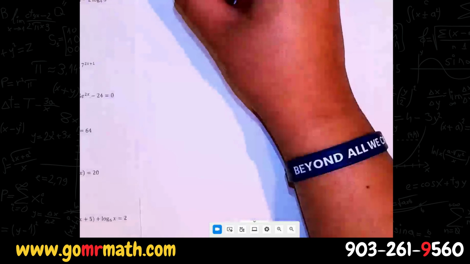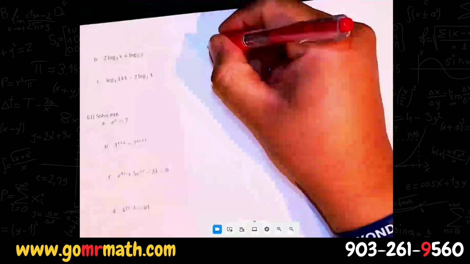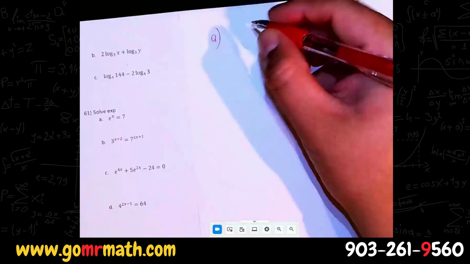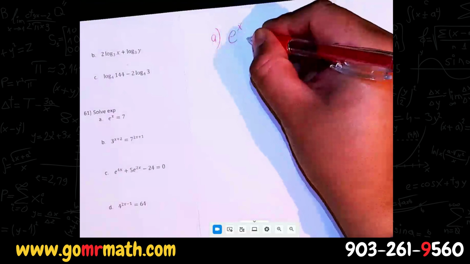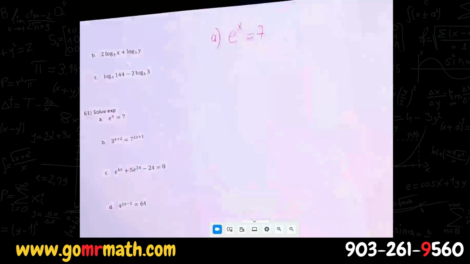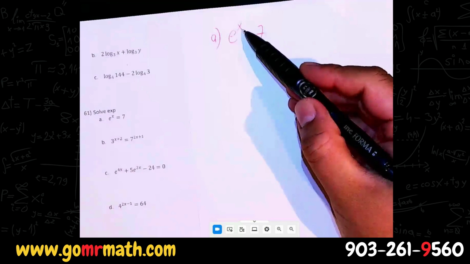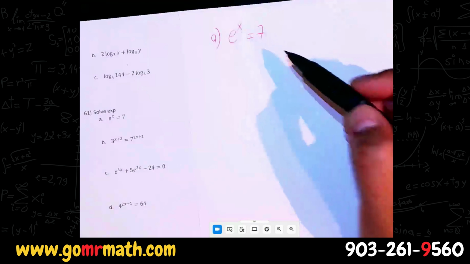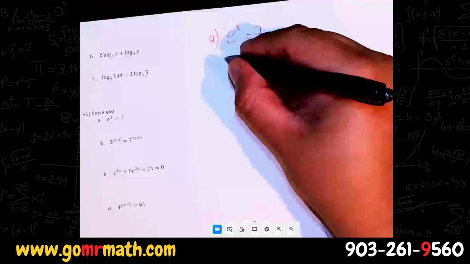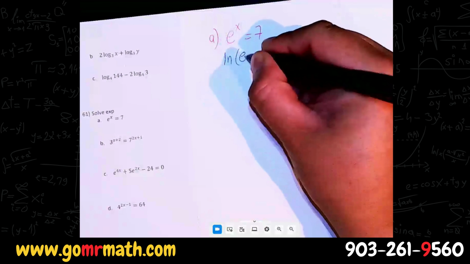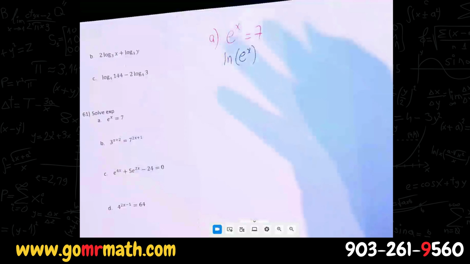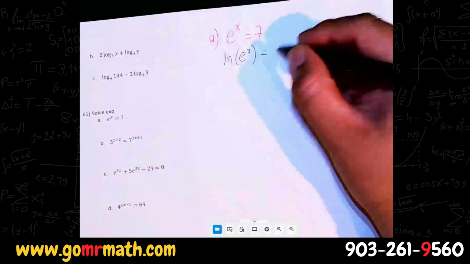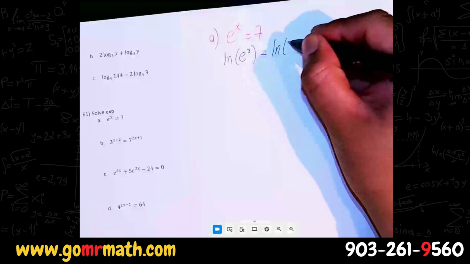Letter A says e to the x equals 7. Okay, so we cannot solve for x like that, so we need to apply natural logarithms. So we have the natural logarithm of e to the x, which we're going to call ln going forward, equals ln of 7.